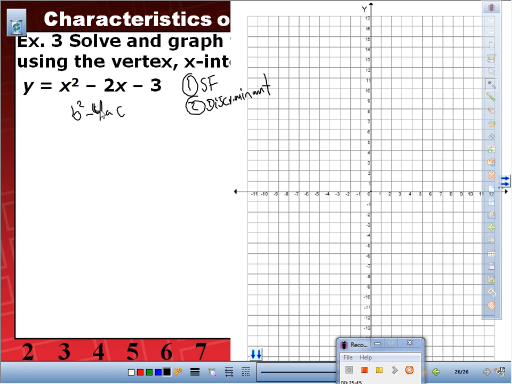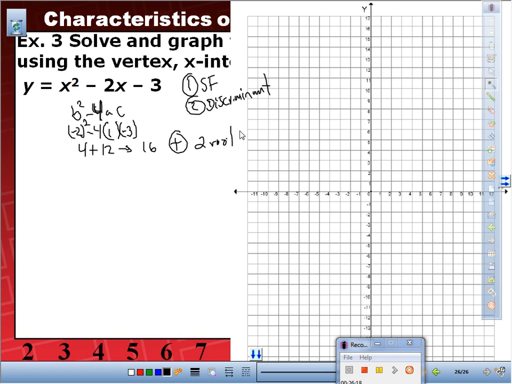So tell me what to write. Negative 2 squared. Okay, and then this simplified to plus 12, so therefore if this is a positive, it gives me 2 roots.